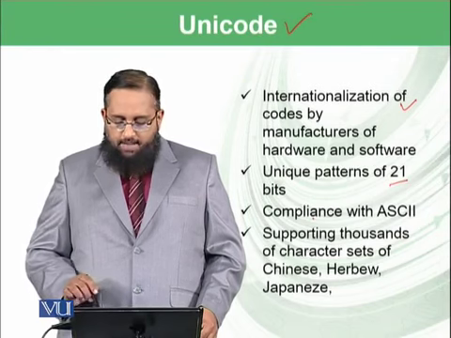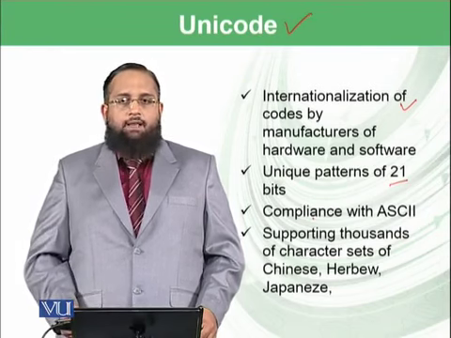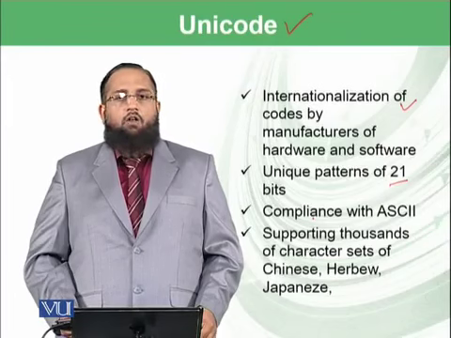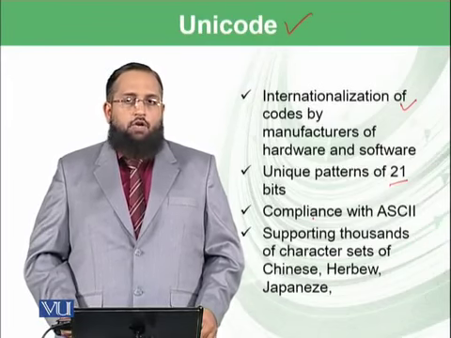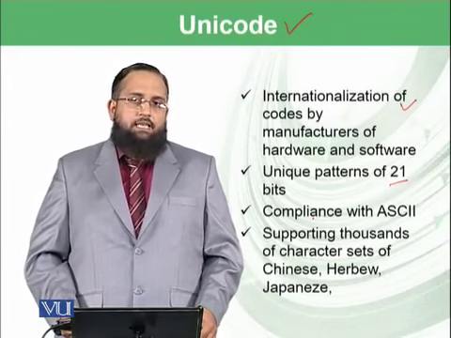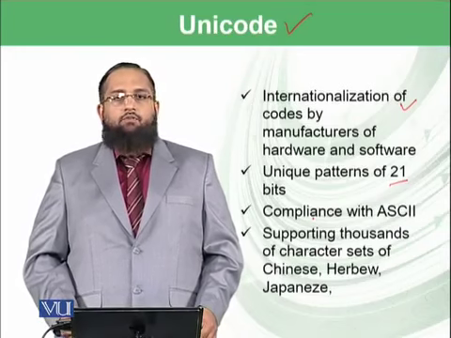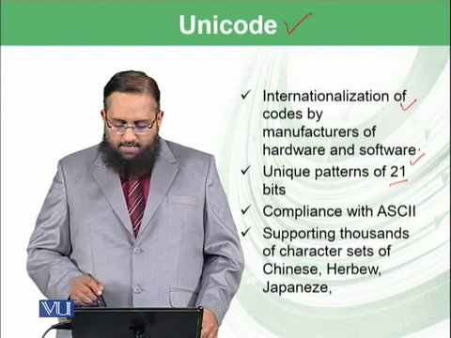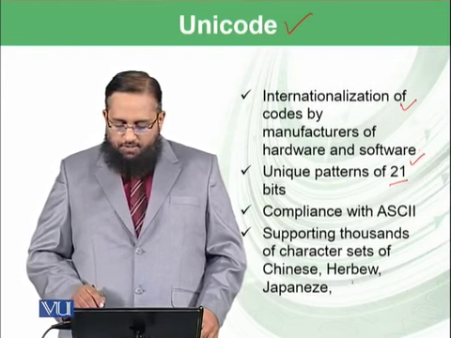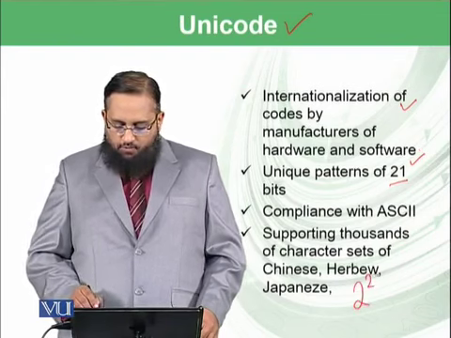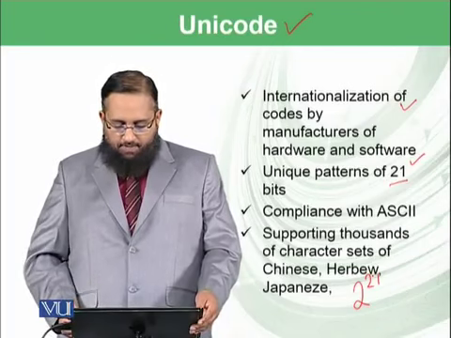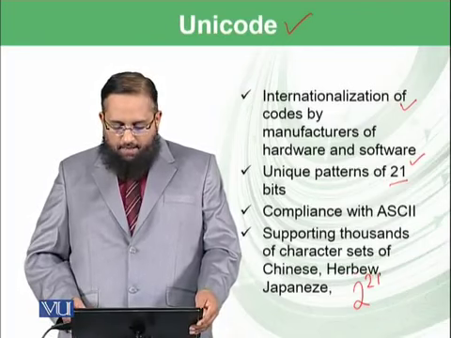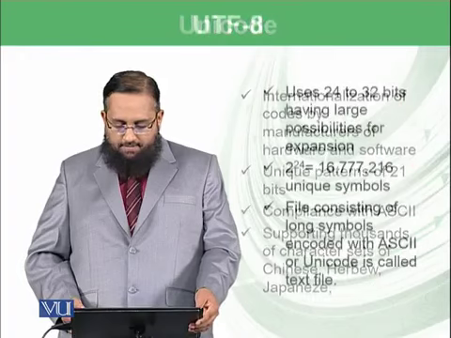These are compliant with ASCII, which means all of the symbols which ASCII uses remained as they are in Unicode, and Unicode further defined more symbols. With 21 bits, it now has a large space of 2 raised to power 21 symbols to represent all of the Chinese, Hebrew, Japanese and other languages.